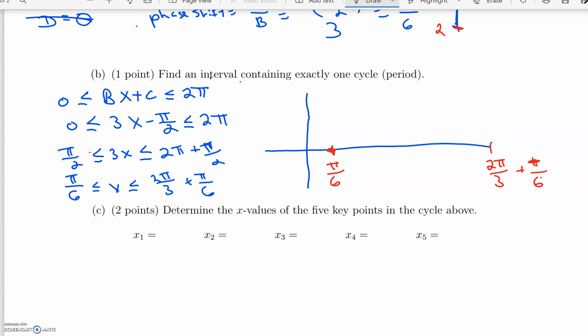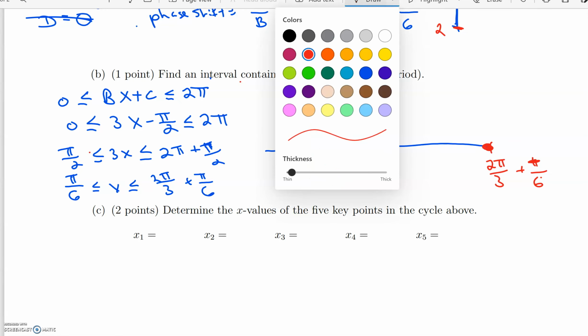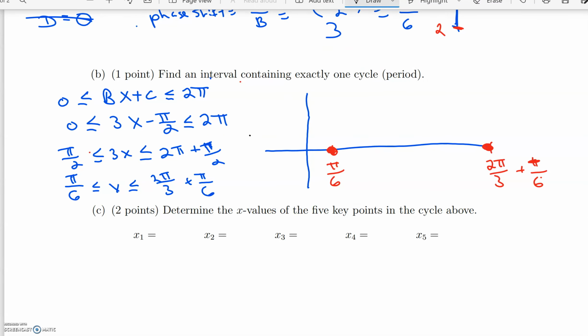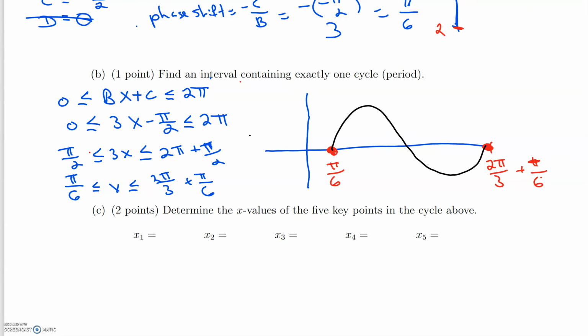And then in between there, I've got to fit one cycle of the sine function. So basically, I need to have something that looks like that. Okay. And so what remains to do, actually, a couple more things I know about this. Since the amplitude is 2, I know that that is 2 and that is negative 2.